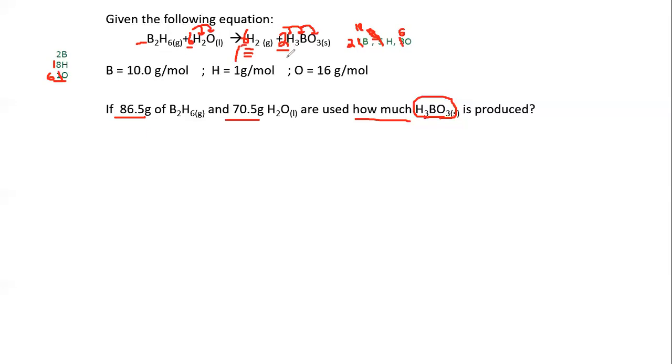So now we're ready to convert the mass of each reactant into the product H3BO3, determine which one produces the fewer moles of product, and then convert that to mass. So I'll set up my train tracks. We're going to be doing the same thing twice, so I'm going to put 2 sets of train tracks.